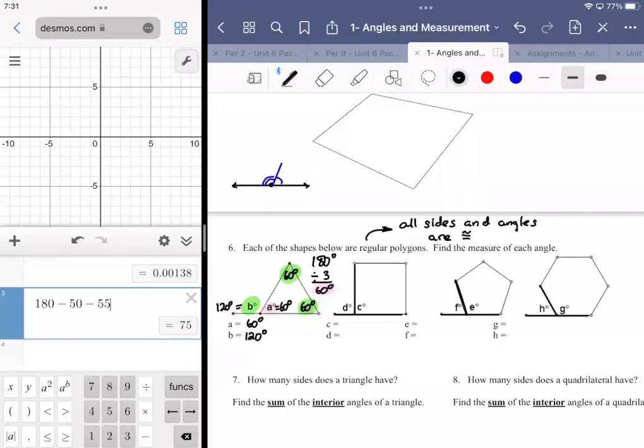But in a rectangle, now it's a little bit of a different story, right? Because you got to sort of look at it and say, what are my senses telling me? What's the obvious? Now, in this case, in a rectangle, we know that all sides and angles are congruent. That's true, and it says it right there, right?